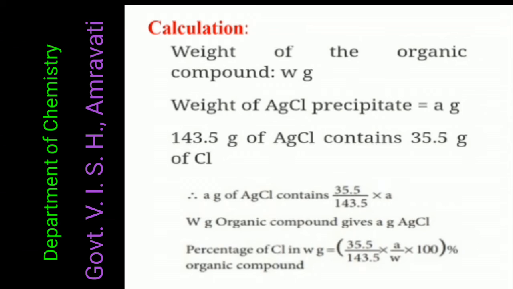Then A gram of AgCl contains 35.5 divided by 143.5 into A. W gram of organic compound gives A gram AgCl, then the percentage of chlorine in W gram of organic compound is calculated in this way.